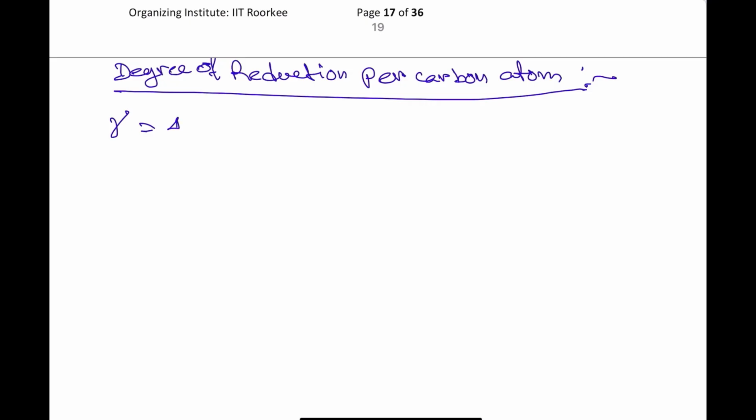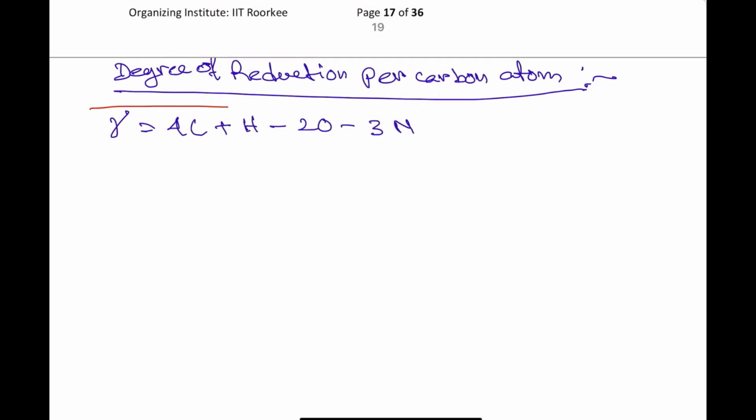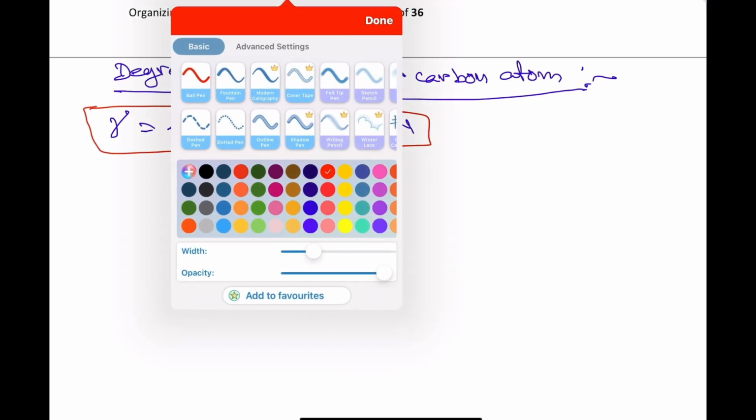So gamma is equal to 4 carbon plus hydrogen minus 2 oxygen minus 3 nitrogen. Okay, so this is a very important formula for this question.